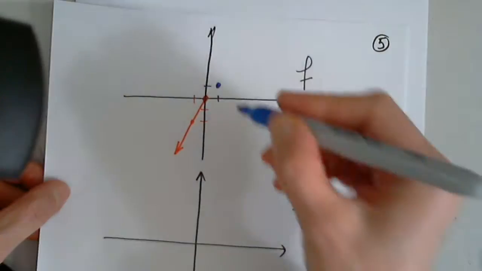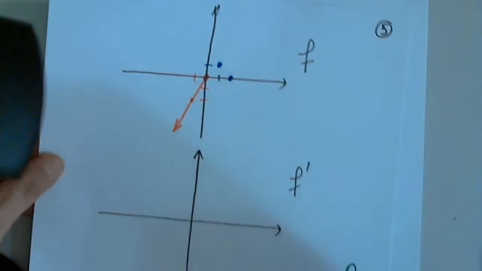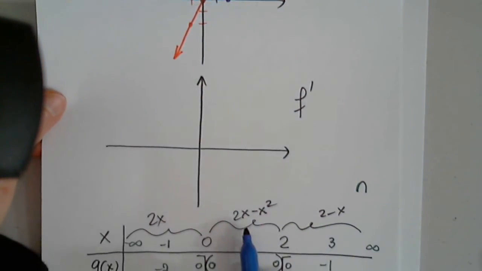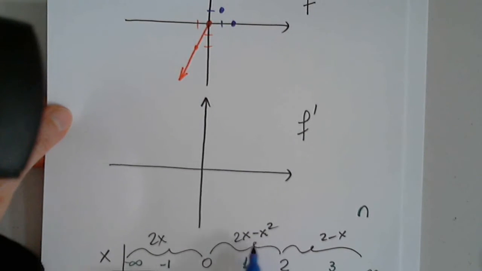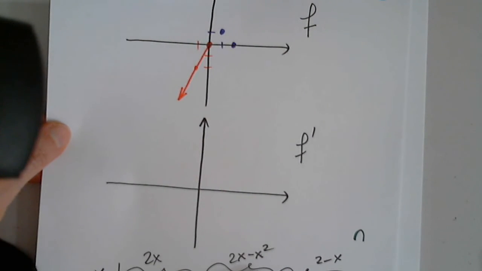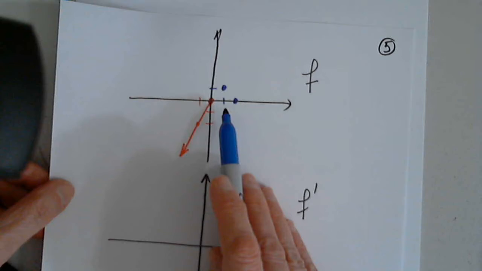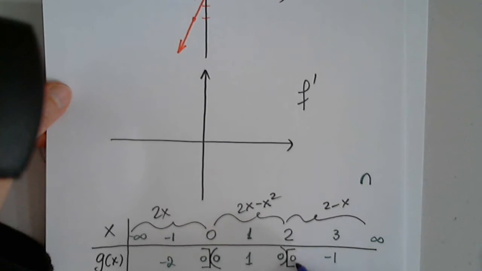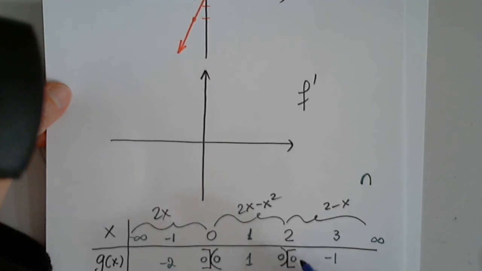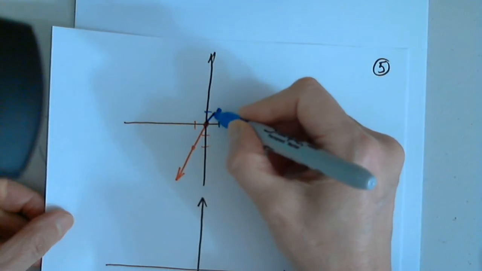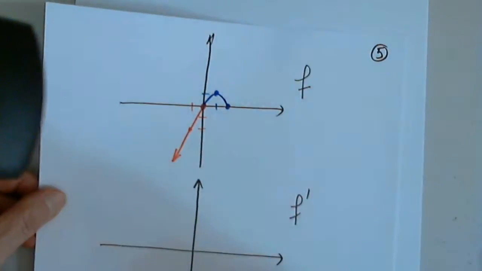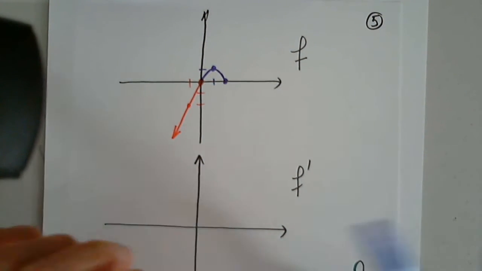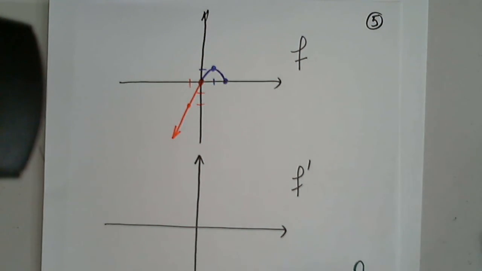And then 2, 0. And I know that the vertex is right in the middle because the x-intercepts are 0 and 2. So that's exactly the vertex. Because this should be an open point, but since this is also 2, 0, I am going to just graph that piece. Okay. Now the last piece in a different color, let's say red.